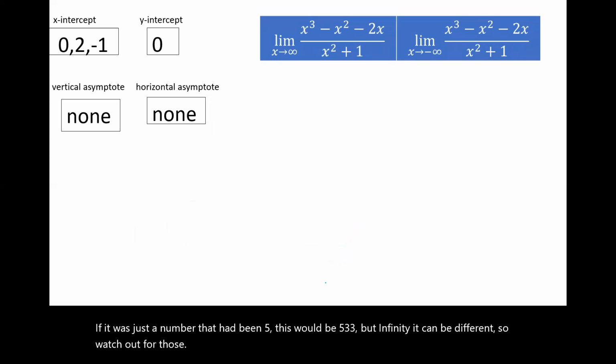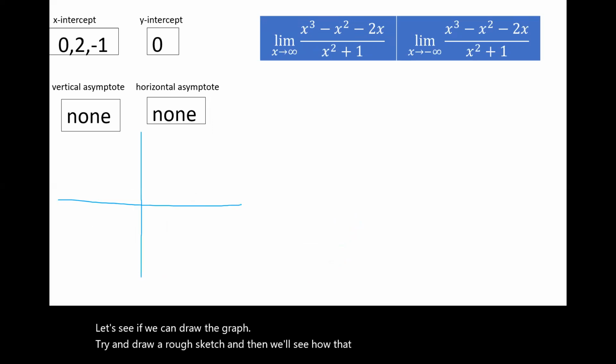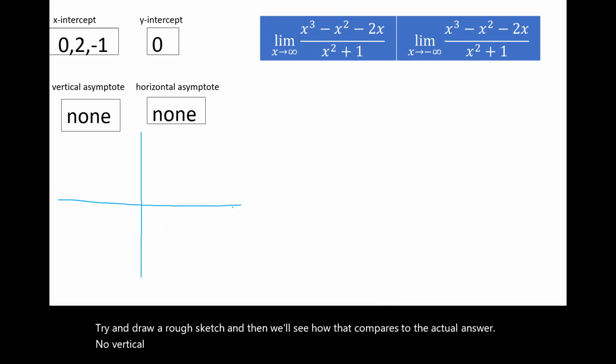Okay, let's see if we can draw the graph. Try and draw a rough sketch, and then we'll see how that compares to the actual answer. No vertical, no horizontal. Ooh, this will be interesting. X-intercept 0. X-intercept 2. X-intercept -1.